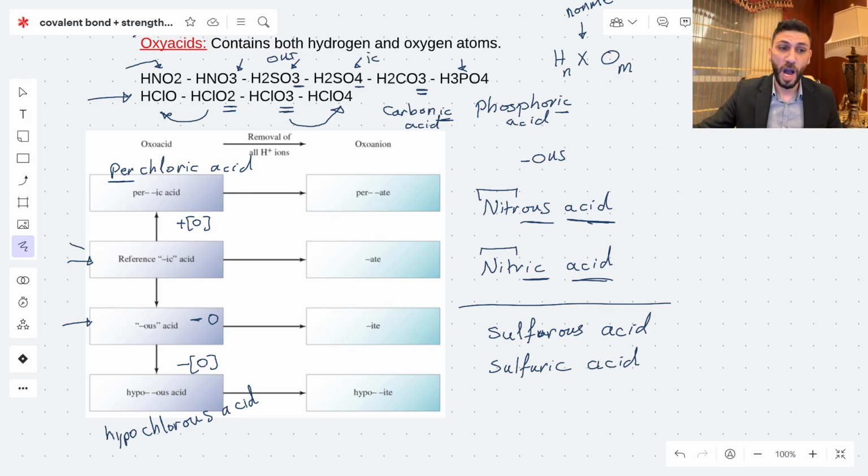If we have higher oxygen than the IC, we're going to use the perchloric IC acid. If we have lower oxygen than the OUS, then we're going to use hypo-OUS acid, just like the hypochlorous acid and the perchloric acid.